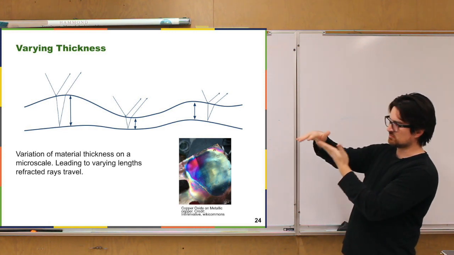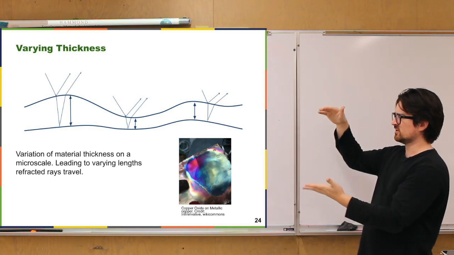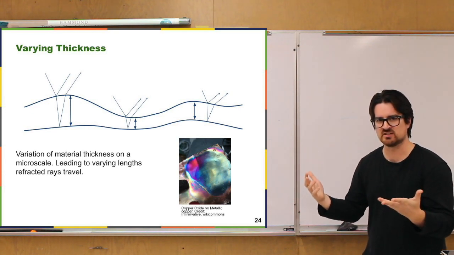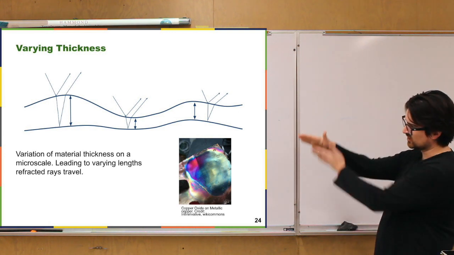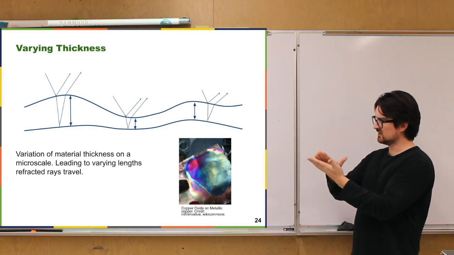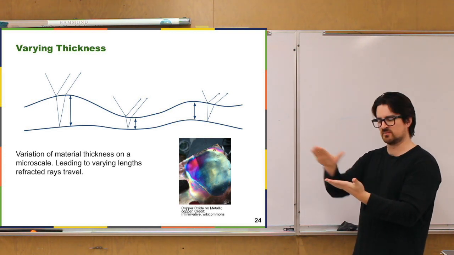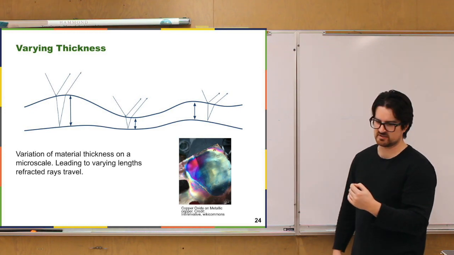In some places the film is a little bit thicker, like this copper oxide film, so one color is constructive there, other colors are not. Somewhere else it's a bit thinner, so different colors are constructive. So just based on the thickness of that film and how that thickness varies, you get these crazy cool color patterns.